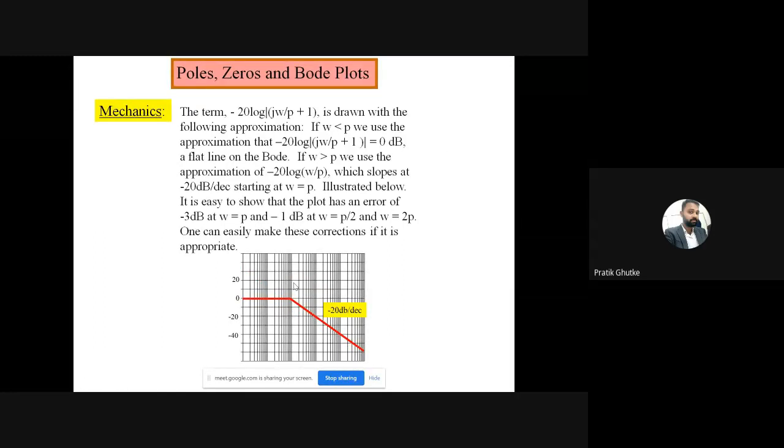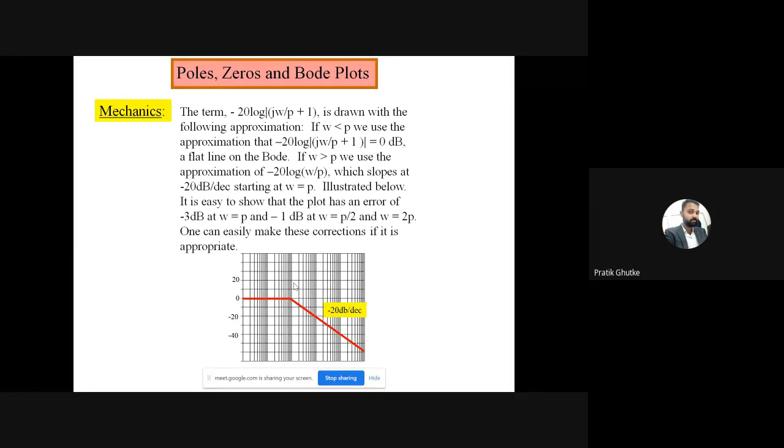So the mechanics is that the term minus 20 log of (j omega by p plus 1) is drawn with the following approximations. If omega, your frequency, is less than the pole p, we use the approximation that minus 20 log of (j omega by p plus 1) equals 0 dB, a flat line on the Bode plot.